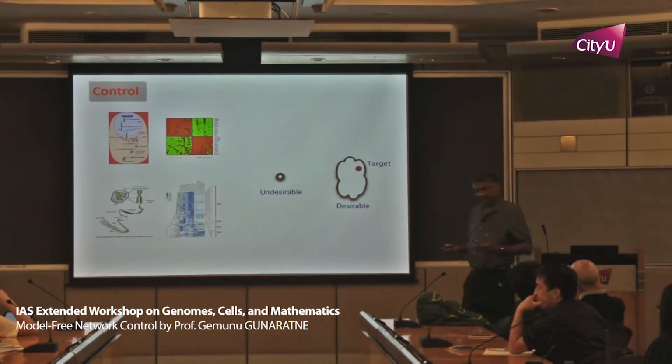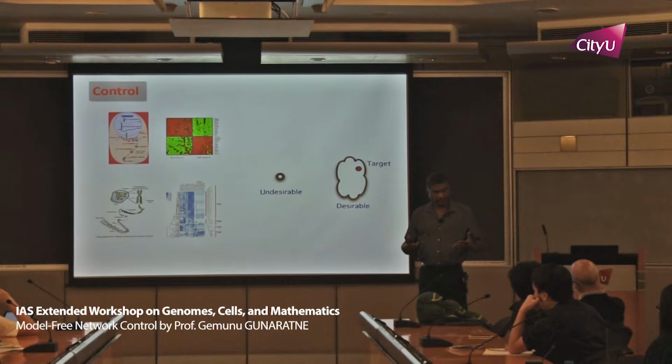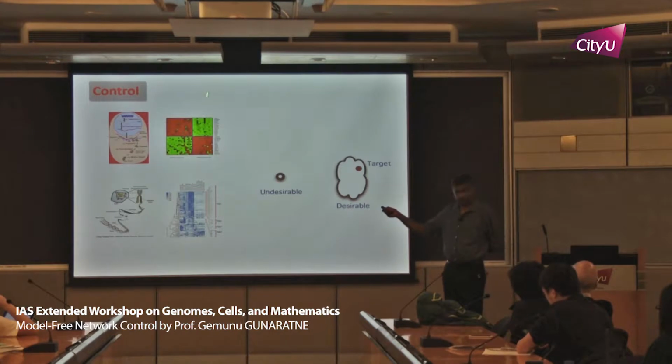Can you design a treatment to do that? That's the question I want to ask. So it's actually to take this network and control the whole network to a state that you know, which is a desirable state. Right, so that's what the control is.